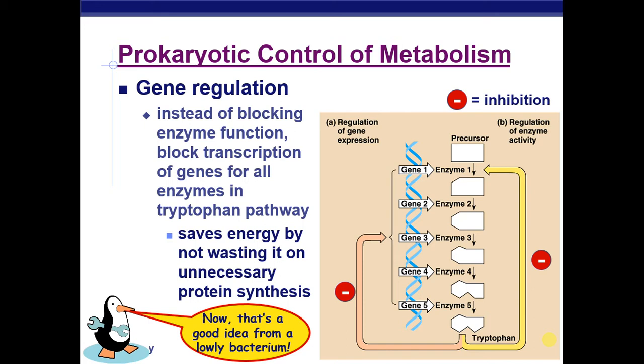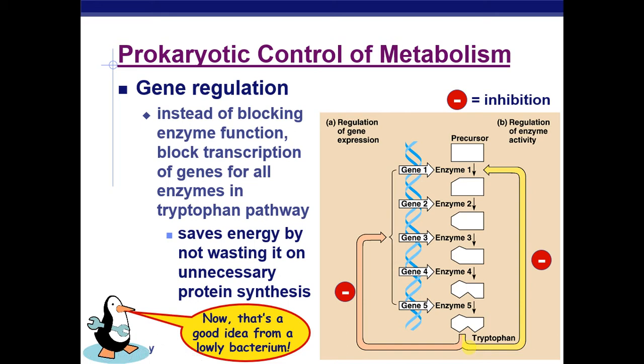So if we look at this picture on the right, it is an example of how a prokaryote synthesizes tryptophan, which is a necessary amino acid, from precursor materials. And you can see that there are several steps, each catalyzed by a different enzyme that results from a specific gene, from the precursor material to tryptophan.